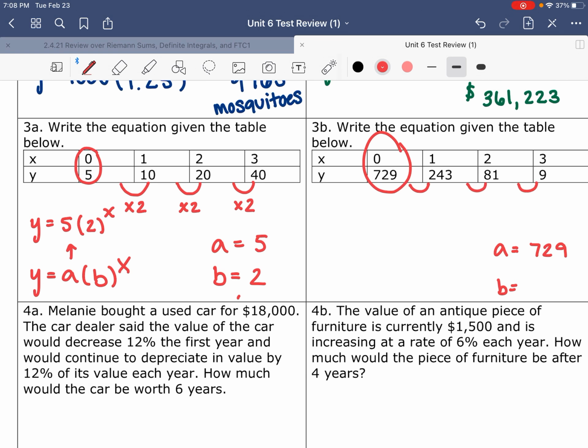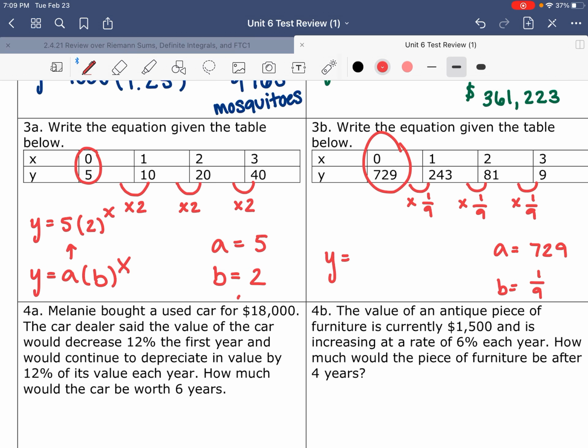So from 729 to 243, that's going to be dividing by 9. So that's really times 1/9. 243 to 81, it's going to be the same thing. So times 1/9. And 81 to 9, same thing, times 1/9. So our B value here is just going to be 1/9.